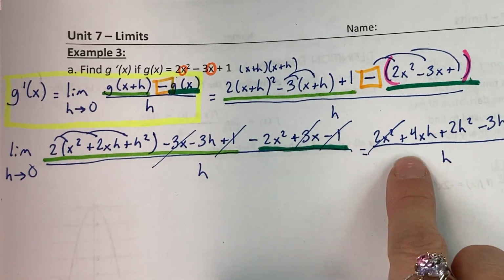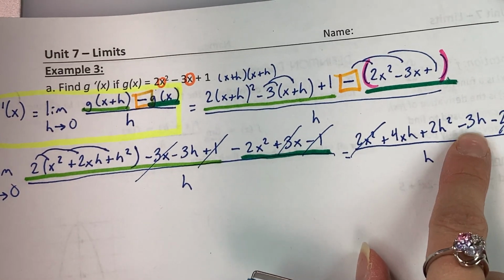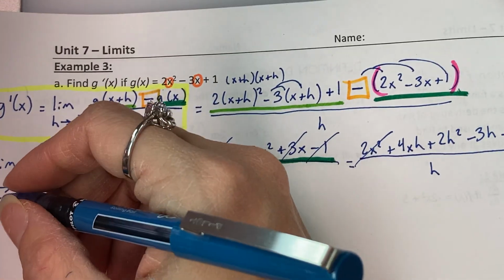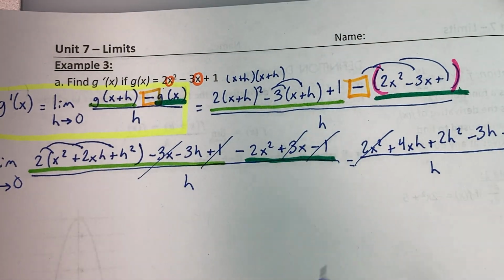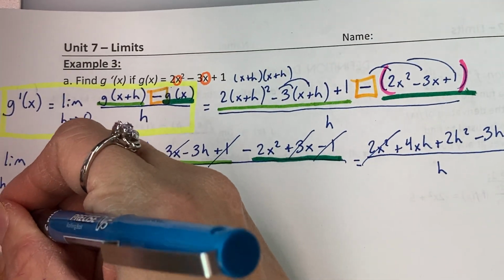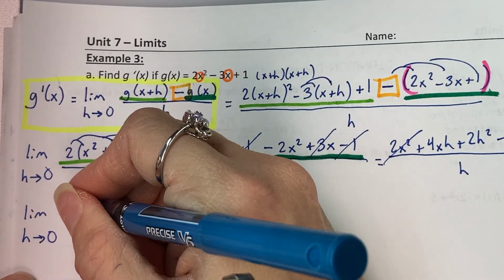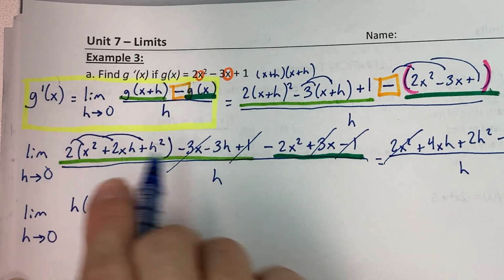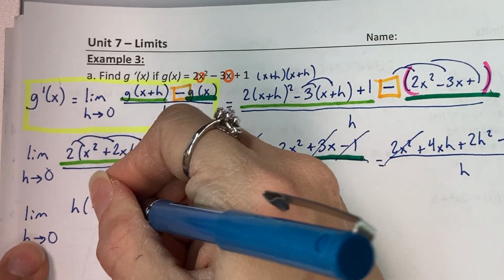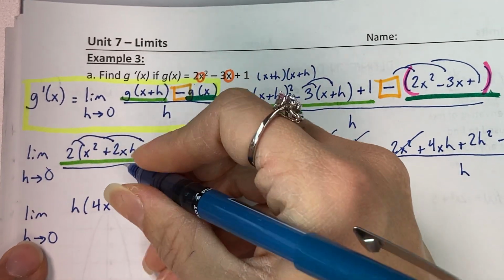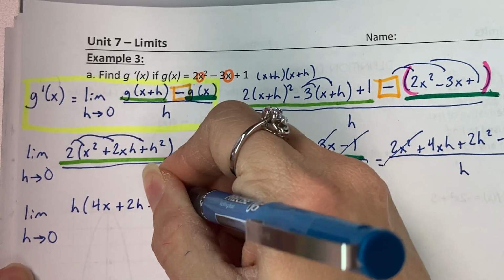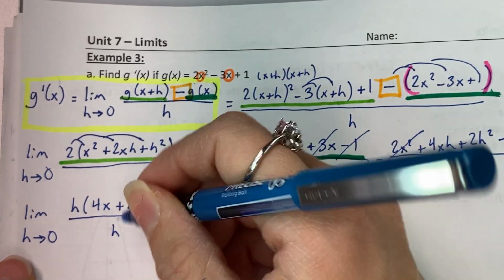So again, folks, you don't have to take a GCF out, which we wouldn't be able to on this one because of that 3, but you only need to worry about taking the h out so that you can factor and cancel. So the limit as h approaches 0 of taking that h out, we're going to have 4x plus 2h minus 3 all over h.